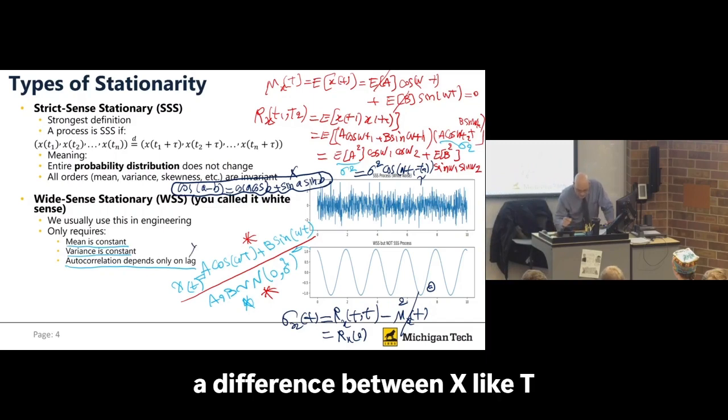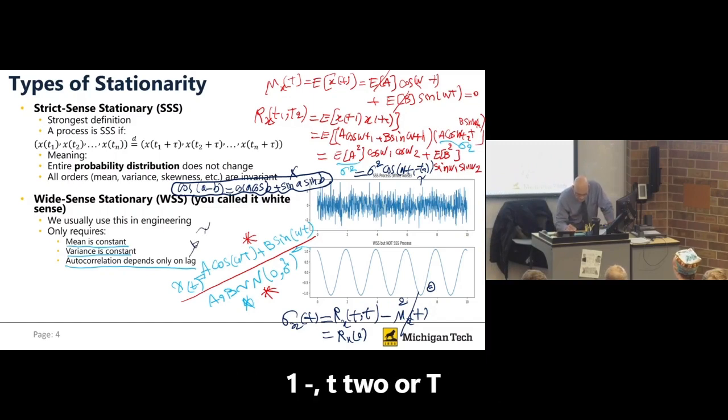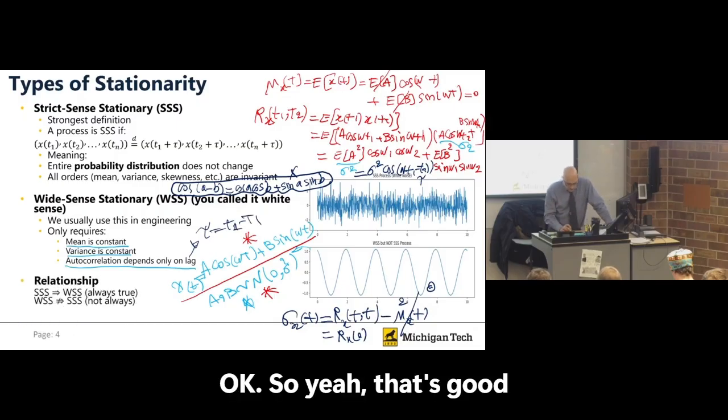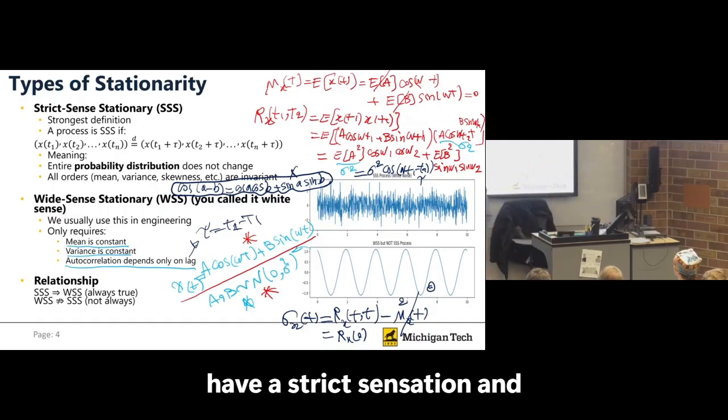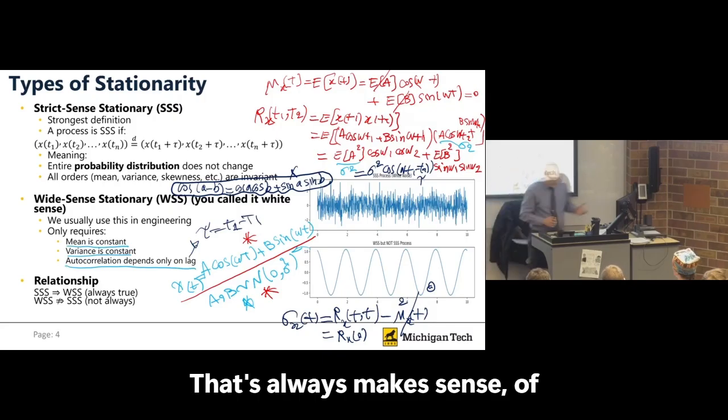Lag is the difference, like T1 minus T2 or T2 minus T1. Okay, that's a good point. If you have a strict sense stationary process, you always have wide sense stationary as well, but not all wide sense stationary processes are strict. That always makes sense, of course.